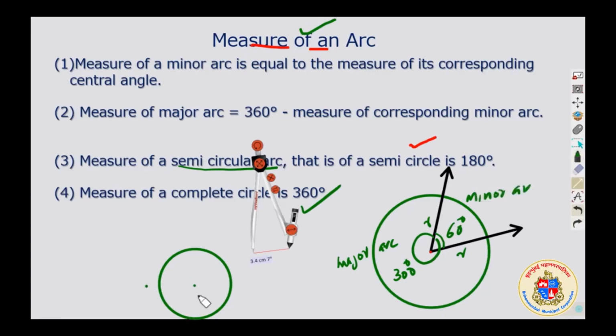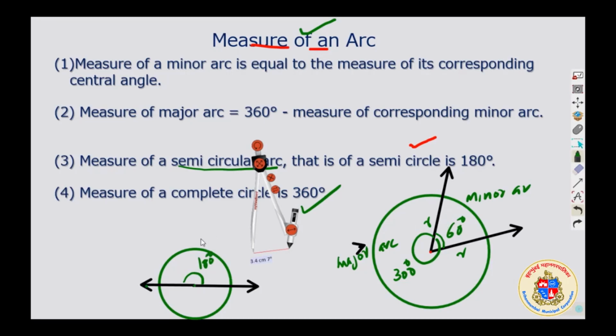To make an angle, I need one particular, this one, and the second one, if I make from the same point here, it becomes an angle like this. And here the measurement of the angle will be 180 degree, because it passed through the center. Understood?